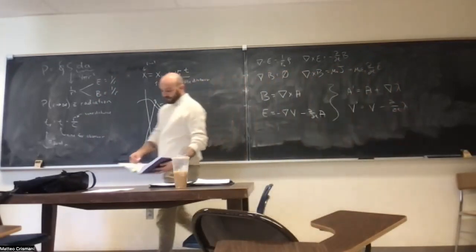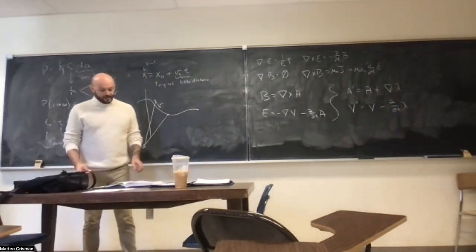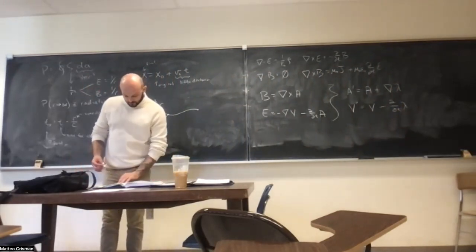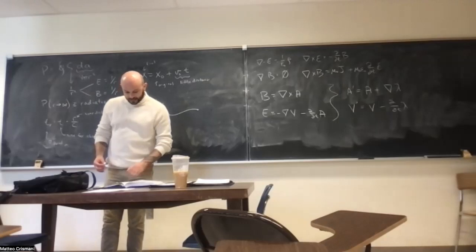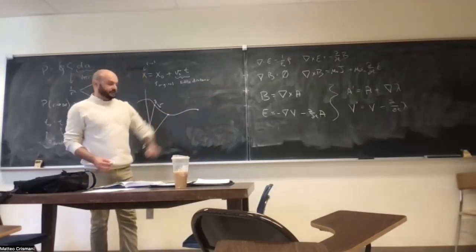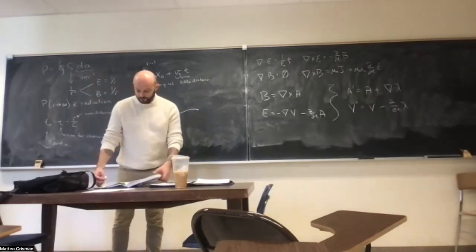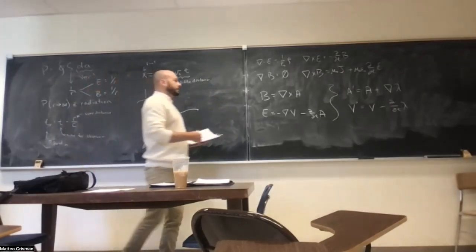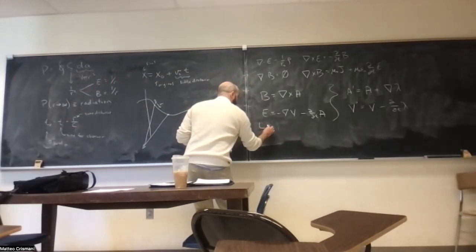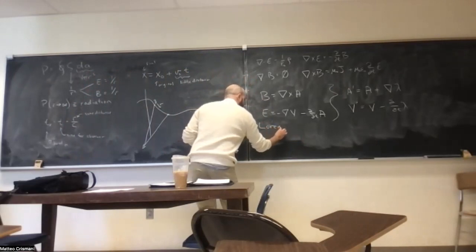Right? And this was a way of setting something that we called gauge freedom. You can create different choices for lambda. And the one that we talked about in particular was the Lorentz gauge. Spelled like this, Lorentz.